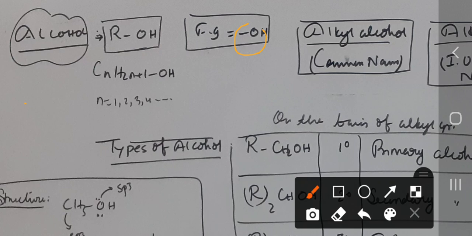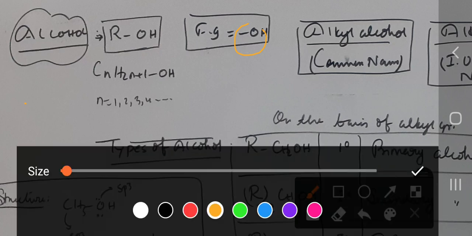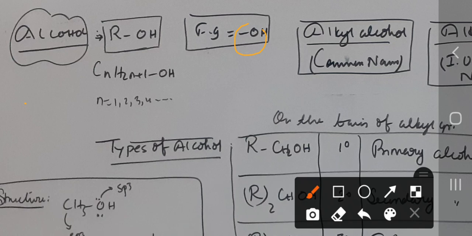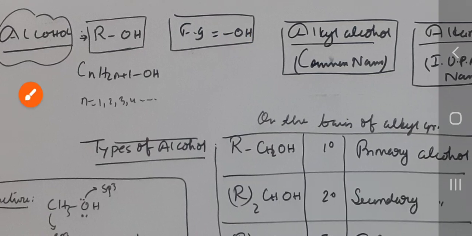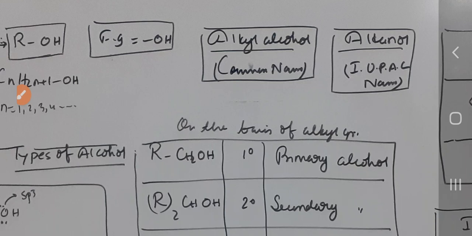So whenever you find that a given compound is attached with an OH group, or in an organic compound there is a presence of OH group, then definitely that compound belongs to the alcohol family. Its common name is alkyl alcohol, and its IUPAC name is alkanol.